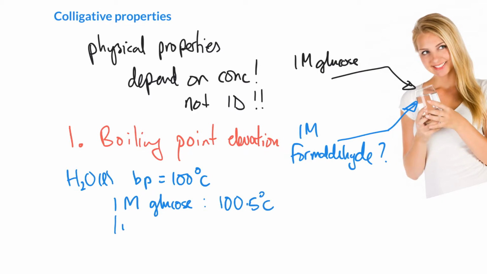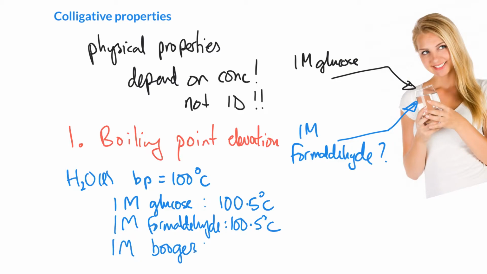If you take 1 molar formaldehyde, that's stuff that you certainly wouldn't drink, and you try to boil it, it would boil at essentially exactly the same temperature, 100.5 degrees Celsius. If you had 1 molar boogers that were aqueous, so dissolved in water, I'm not exactly sure how to measure out 1 mole of boogers in 1 liter of water, but if you did, we would predict it would boil at exactly 100.5 degrees Celsius.